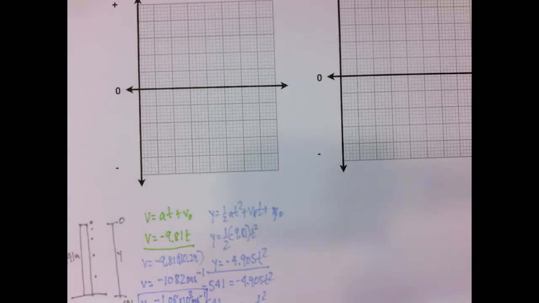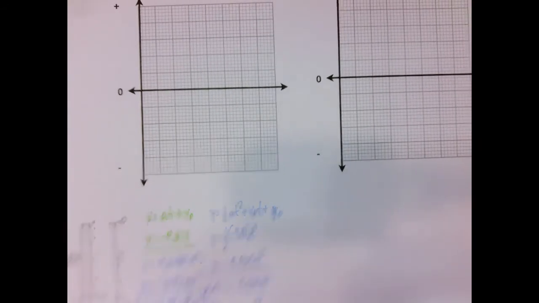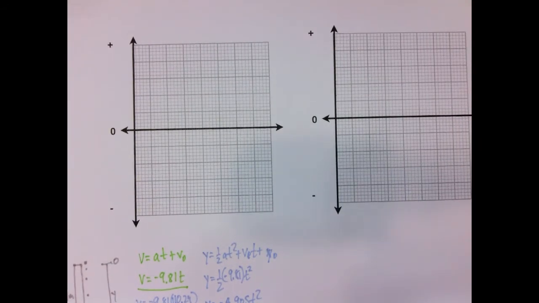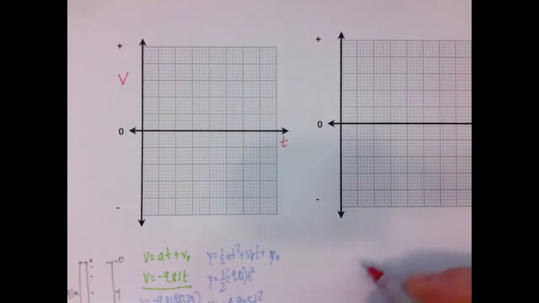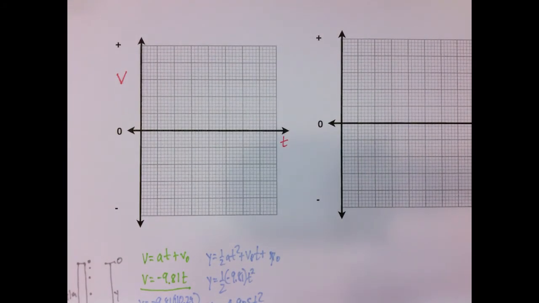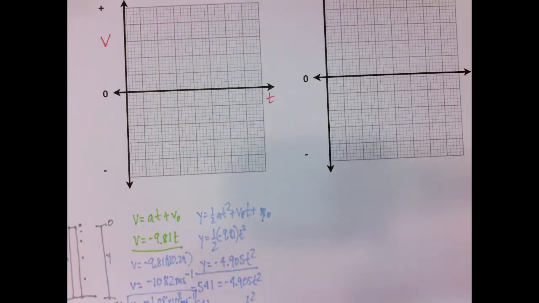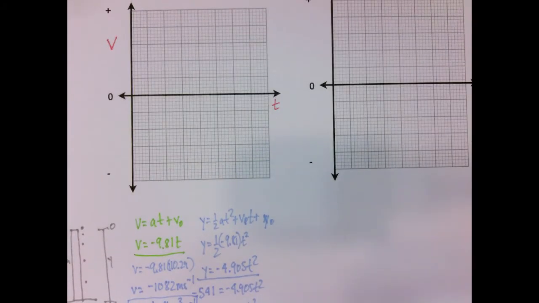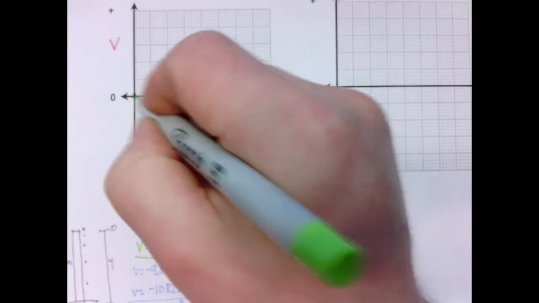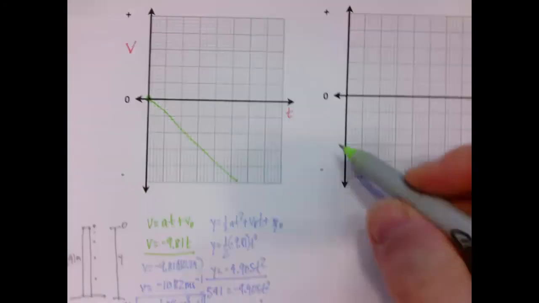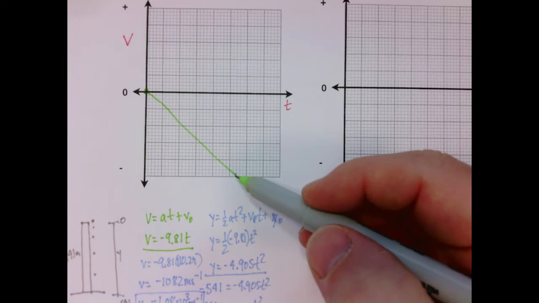What do the graphs look like, the velocity and the position graphs? Let's examine these next. Velocity as a function of time is negative 9.81 t. That's a linear function with a slope of about minus 10. So in the beginning the velocity is 0, and it will look like this. So we see it decreasing rapidly and rapidly and rapidly.